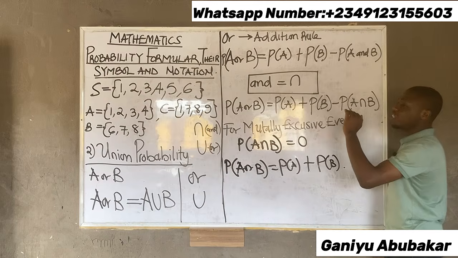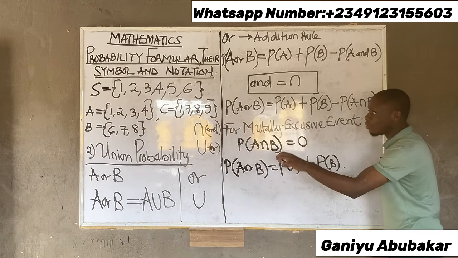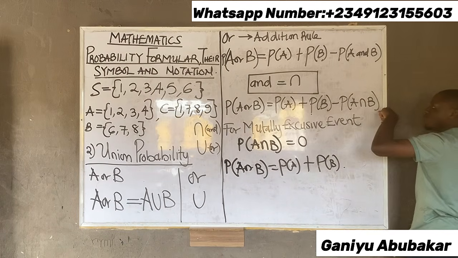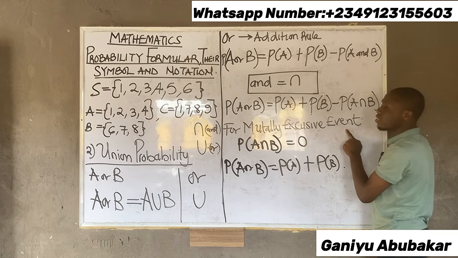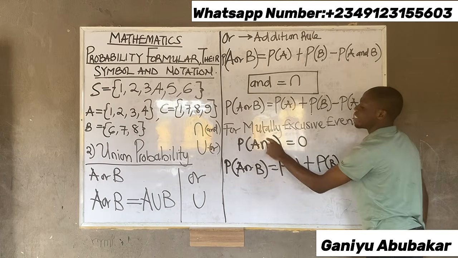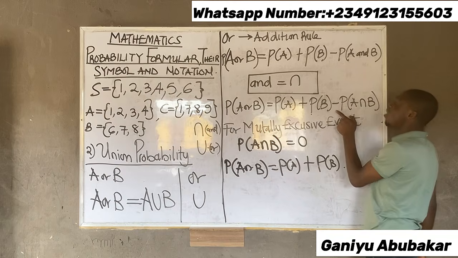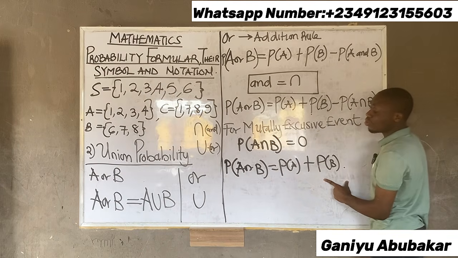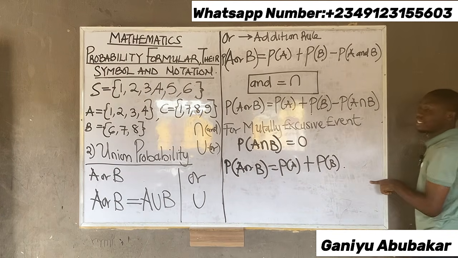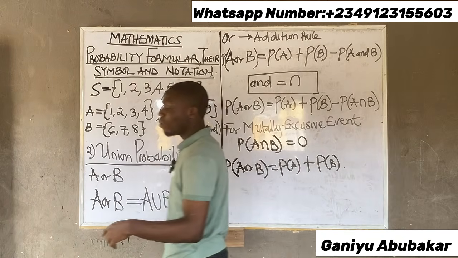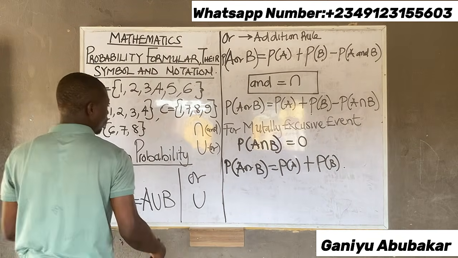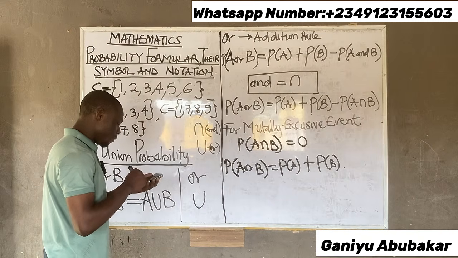But in general, the formula is the full one. In a case where I have a mutually exclusive event, where the probability of A intersection B is zero, I will not attach that term to the equation. Are we good, guys? Let's see some examples to better understand these things.